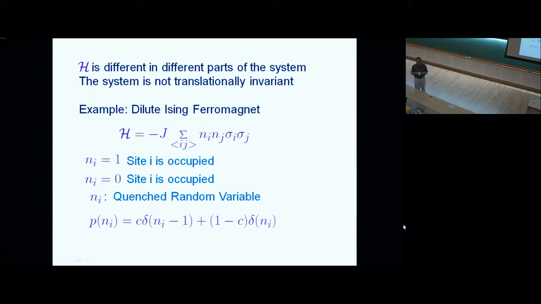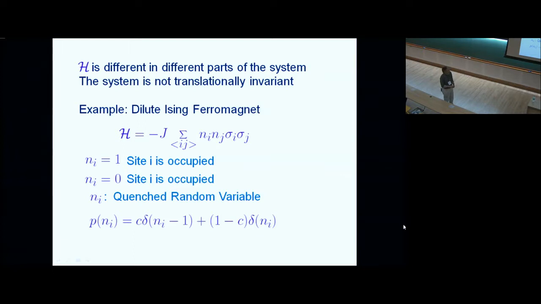These impurity sites are chosen at random, and different samples will have different positions of these impurity sites. These will not match in general, but statistically they will be similar in the sense that the same c will be there. The fraction of impurity sites in two such samples will be the same, but their actual locations will not be the same.